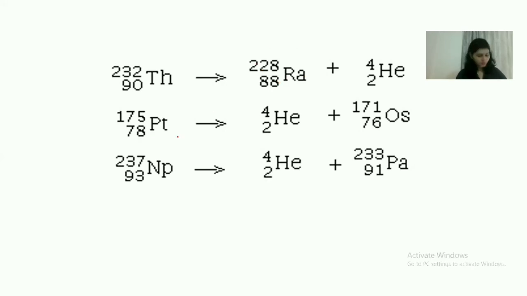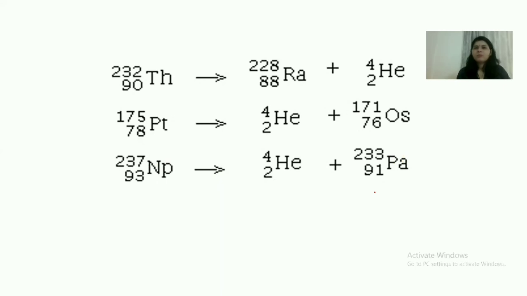Then platinum turns into osmium 171, and neptunium 237 turns into protactinium 233. These are all examples of alpha decay.